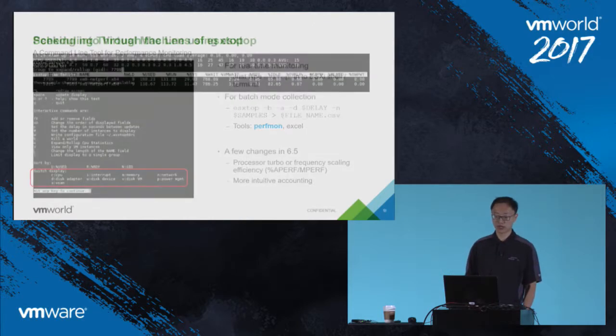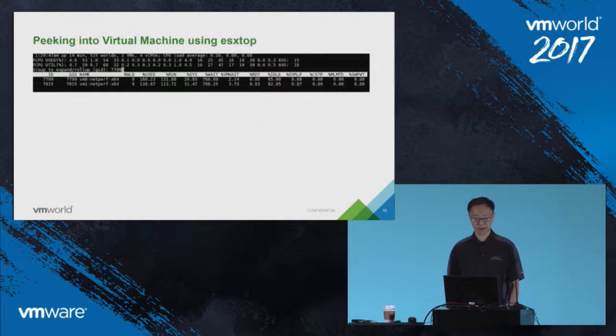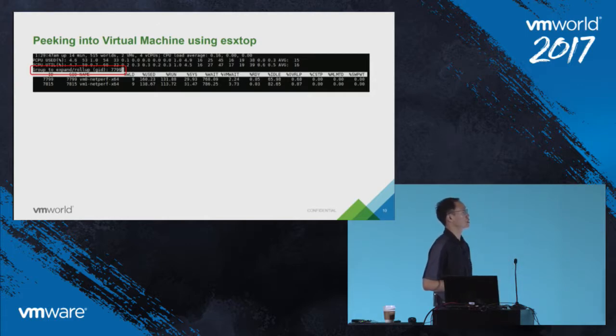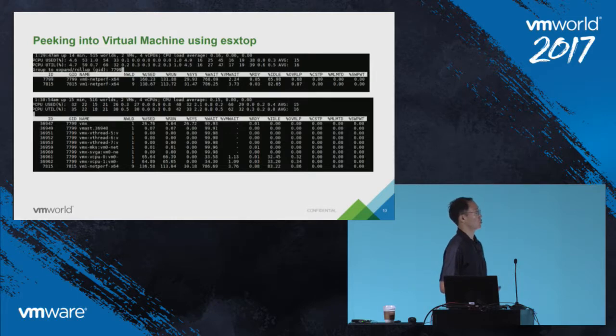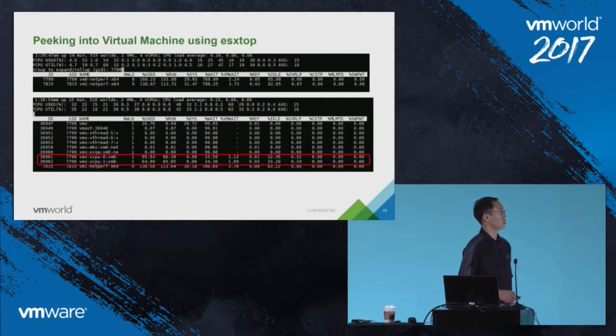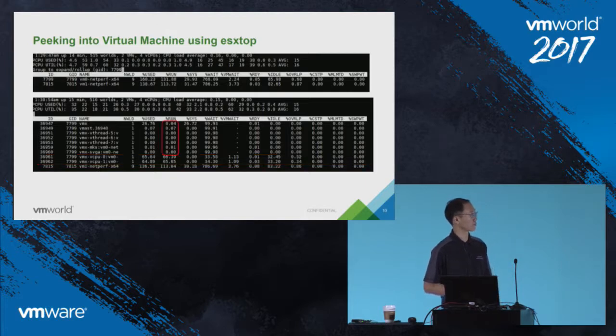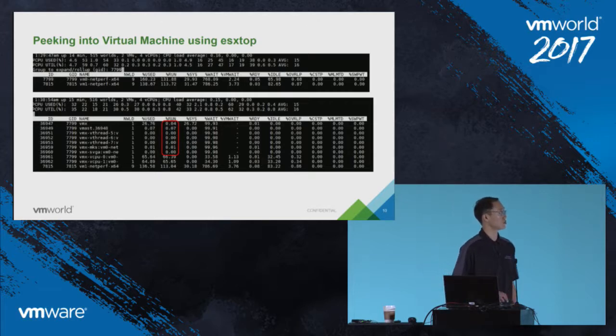So here's the tool, and what does a VM look like? We have two VMs, VM0 and VM1, and we expand into the view of the VM by specifying the group ID, which gives us this screen. The important part is that there are two vCPUs, vCPU 0 and vCPU 1. But also notice there's a whole bunch of other threads underneath this group.